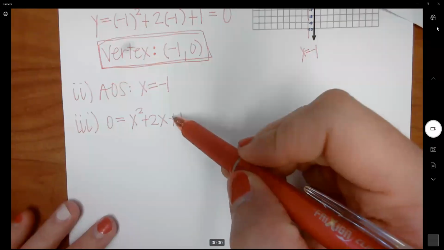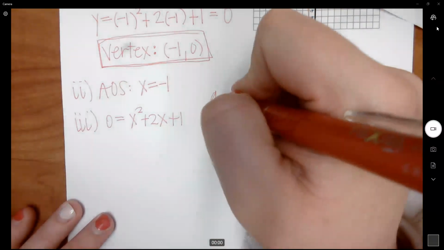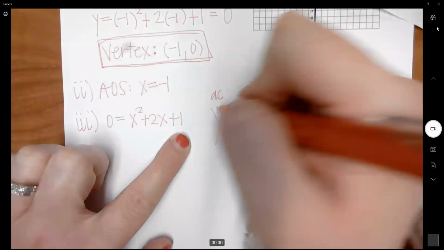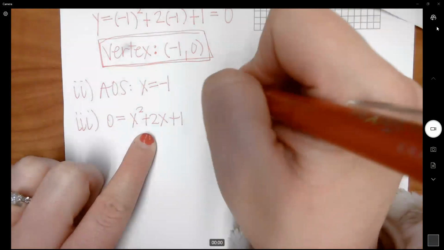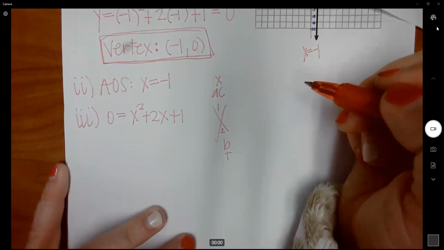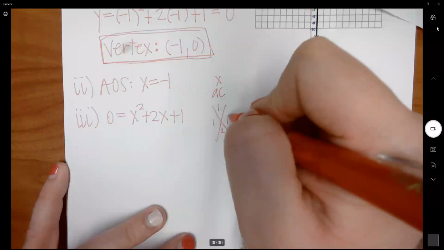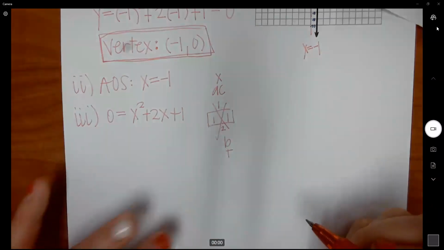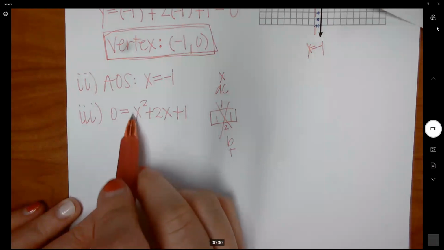So it's in standard form. I have no GCFs. So my A times C is 1 times 1. My B is 2. So what adds up to 2 but multiplies to 1? Okay, hopefully you say 1 and 1. 1 times 1 is 1. 1 plus 1 is 2. This is an easy trinomial because my A is 1.